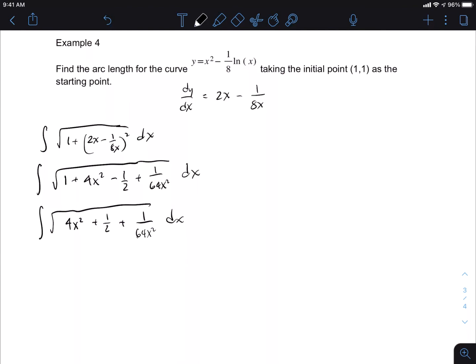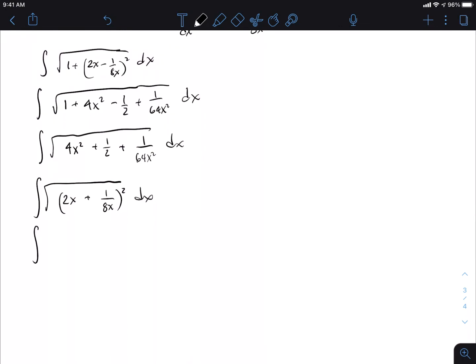Okay. Then I'm going to get 4x squared plus 1/2 plus 1 over 64x squared dx. And something cool happens. This happens to be factorable. So I'm going to get (2x plus 1 over 8x) quantity squared, dx. And what I get is the integral of, oops, I don't need the root anymore.